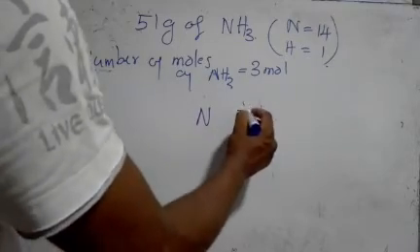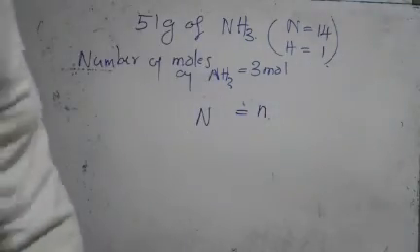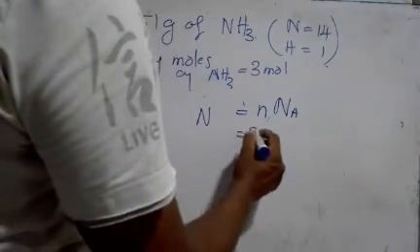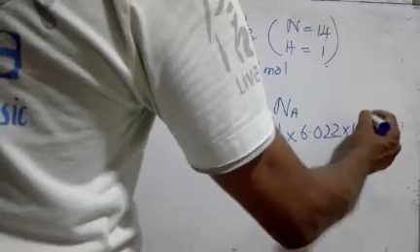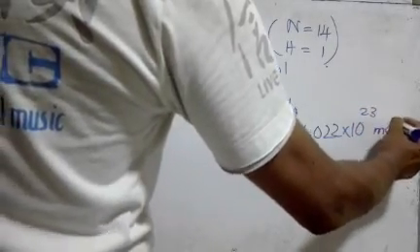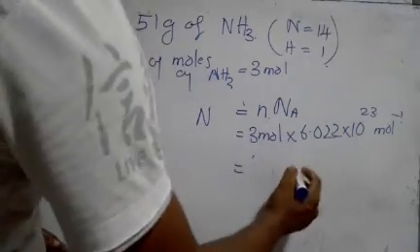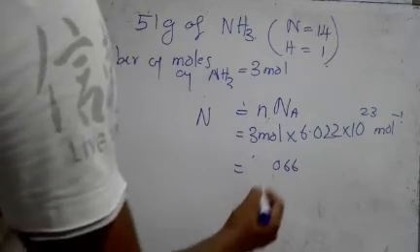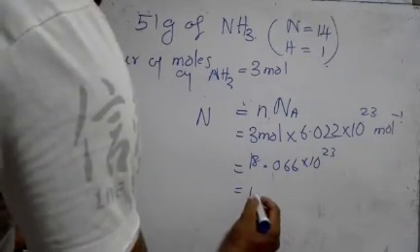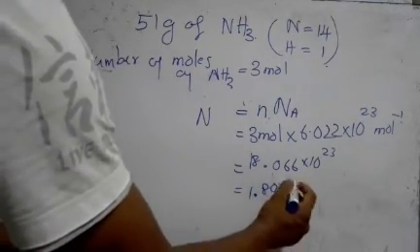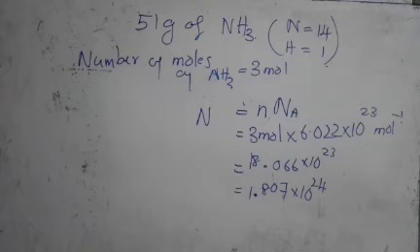So number of molecules equals number of moles into Avogadro number. Since there are 3 moles, that should be 3 into the Avogadro number. So it's 3 into 6.022, which is 18.066, into 10 to the power 23. Simplified, we can write it as 1.8066 into 10 to the power 24.